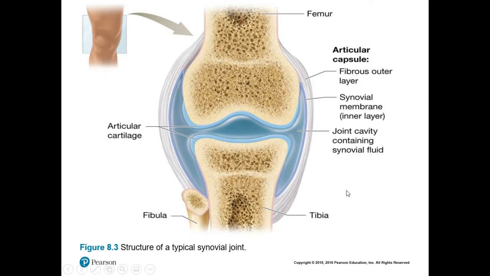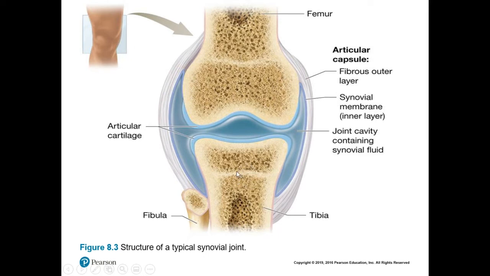Keep in mind then that in osteoarthritis, these ends are rubbing against each other, right? So ultimately, you're getting the wearing off of the synovial membrane right there, and if that's allowed to continue, then the bones are going to rub against each other.